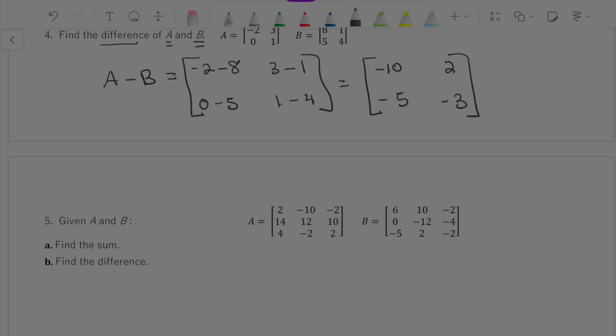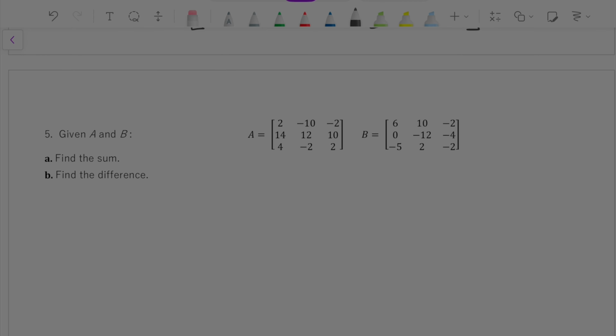Here it's saying find the sum and find the difference, so it's just another one to practice. Same idea, so let's do the sum first.